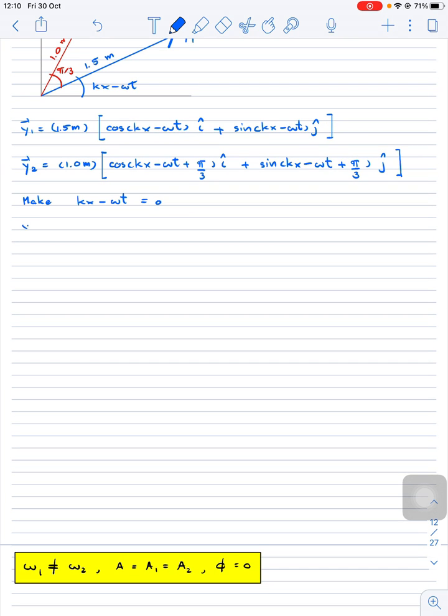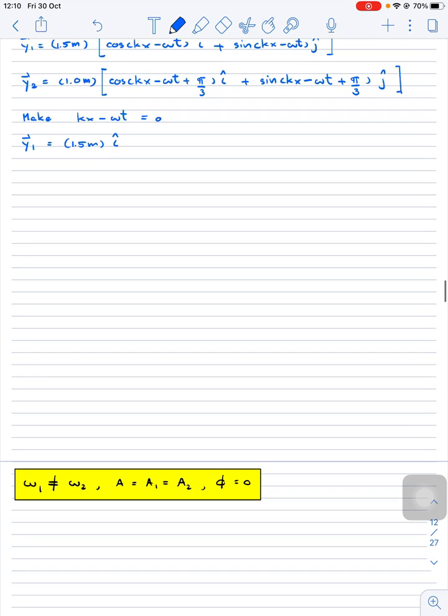In this case, we can get that y1 is just equal to 1.5 meters times the cosine of 0, which equals 1, and sine 0 equals 0. So we're going to have only the unit vector i here. Okay, so that's for y1.